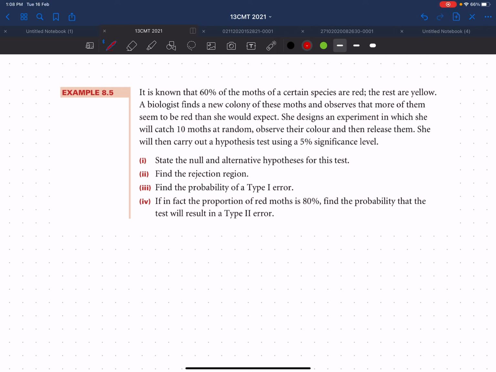So, first thing we're going to do is write our null and our alternative hypothesis. So, H0 is probability is equal to 0.6.